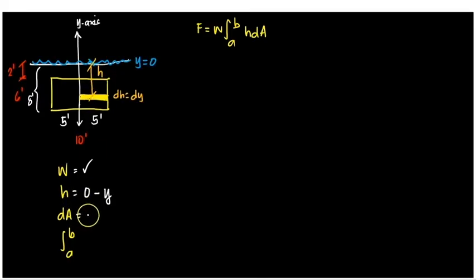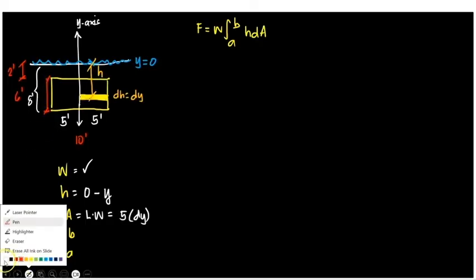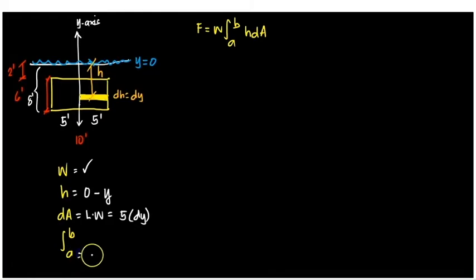Now, dA, of course, that's length times width or length times height, whatever you're using. So in our case, the length is 5 times the height is dy. And then the limits, what's the area affected? It's from -8 up to -2, because this is from this point up to this point, the area submerged. Therefore, that's from -8 up until -2 only.